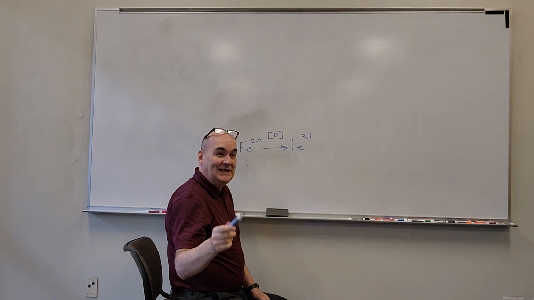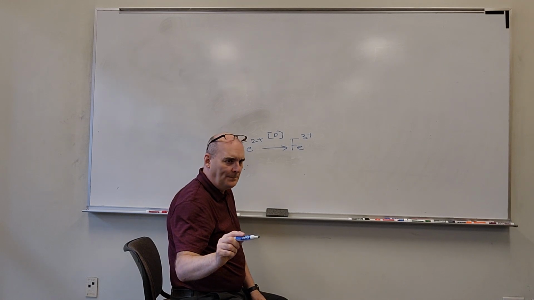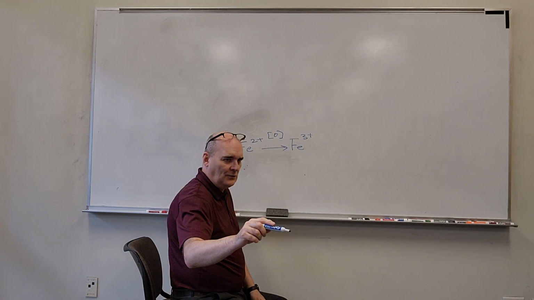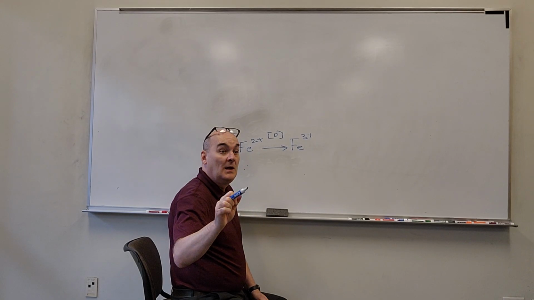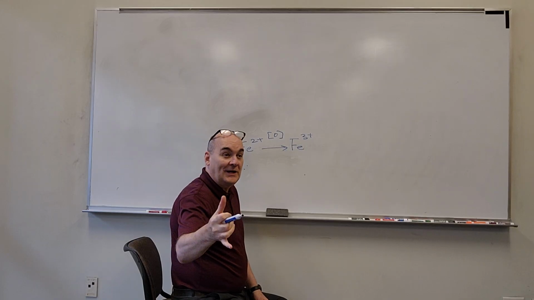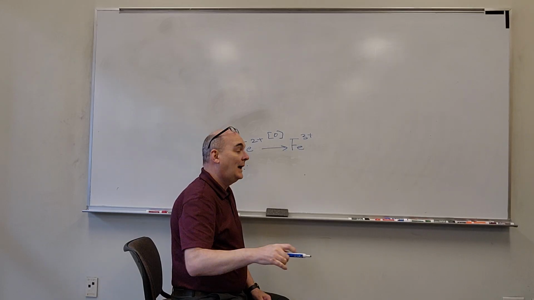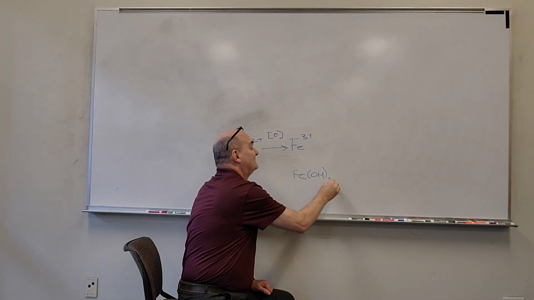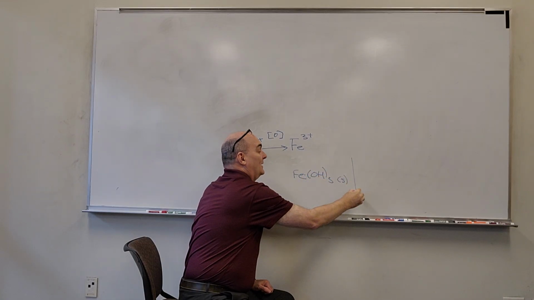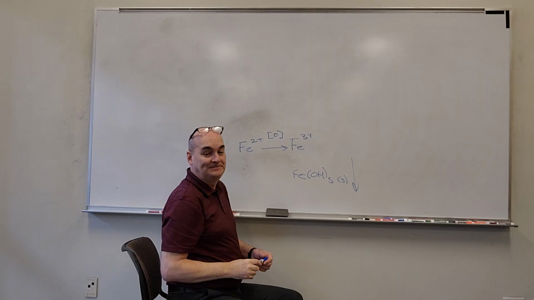Iron oxides in solution are complicated. I don't know whether we did this in organic chemistry with you or not. But the hydroxide oxides and iron 3 hydroxide is definitely not soluble.